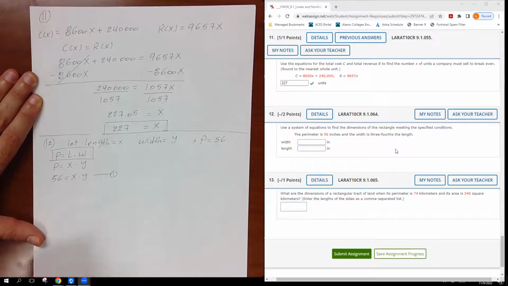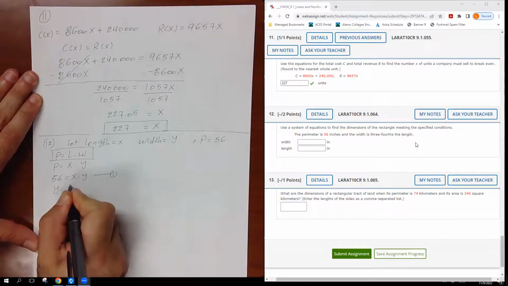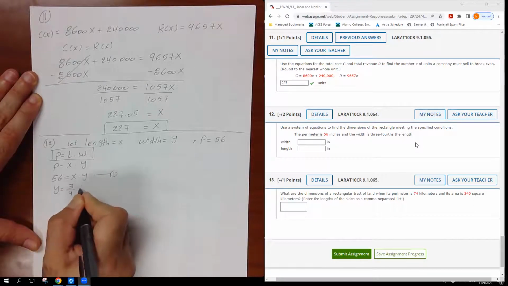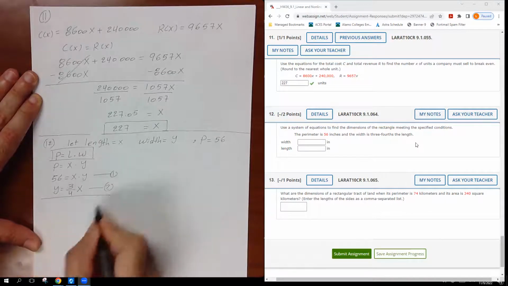This is the first one. Now the second one, they're telling you the width is 3/4 the length. That means the width, which is the y, equal 3/4 the length, which is x. So here is the second one. Now here is my system.